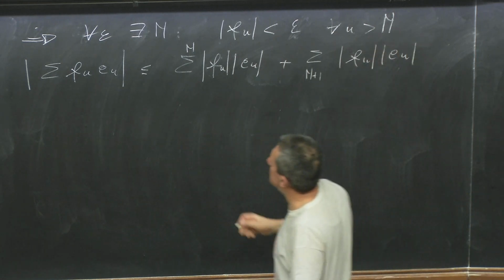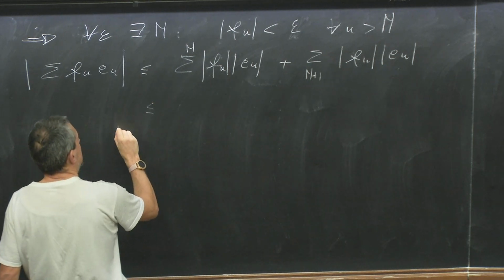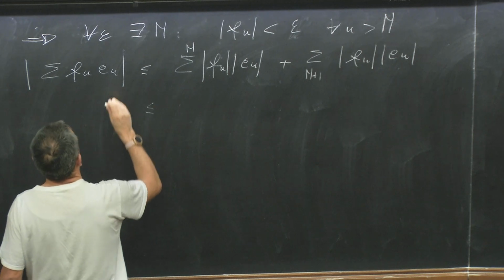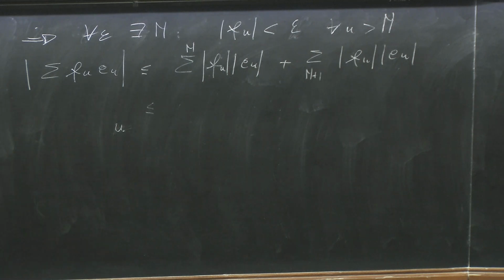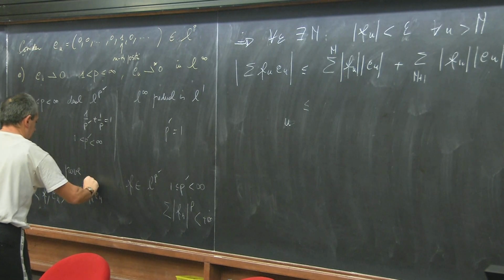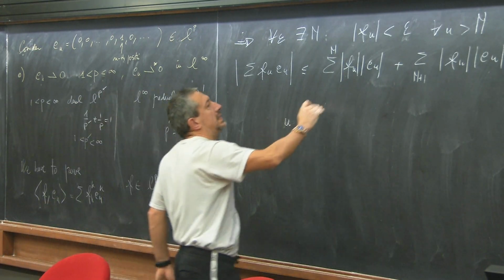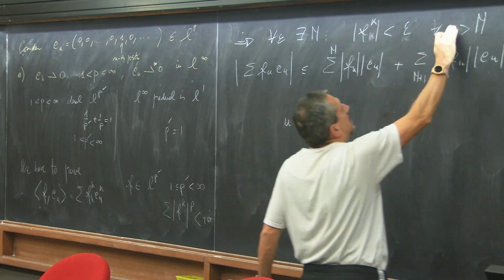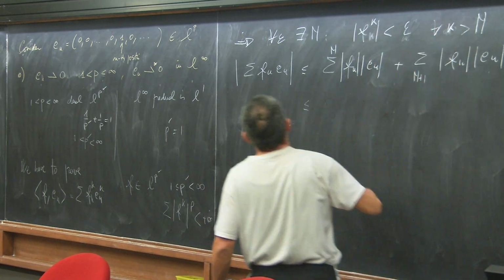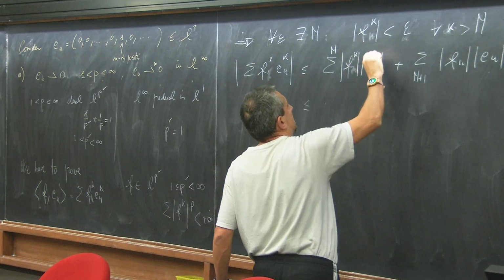Sorry, here I made a mistake because in e_n I used the index twice. So let me put the k above, otherwise I'm confusing myself, since I have two indexes here.